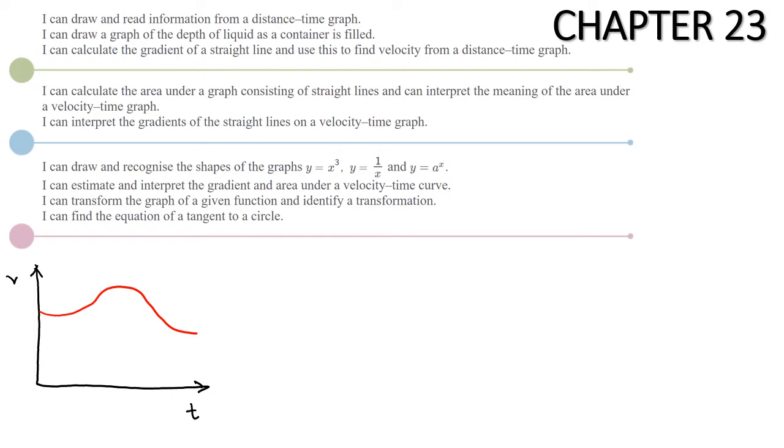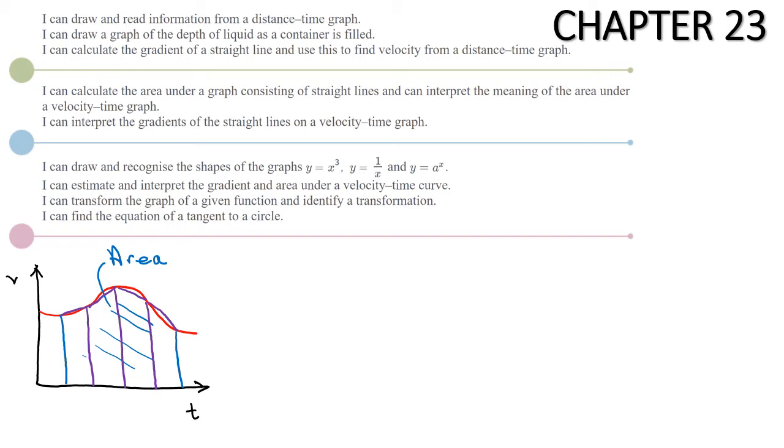So if I wanted to calculate this area like that, and I want to find that area to find the distance travelled, the way that we do it is we split it up into equal size strips like this, and we basically make them into little trapeziums like this. So we join the tops together and we would estimate the area.